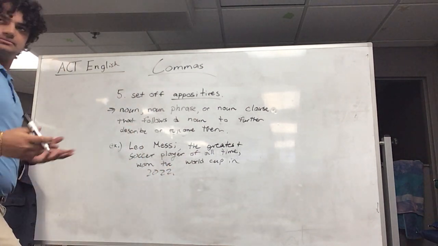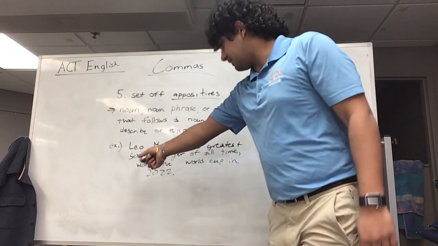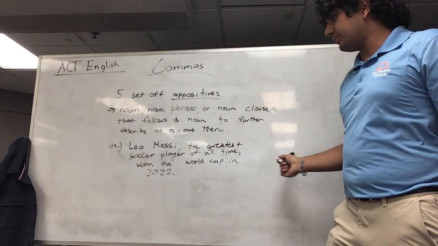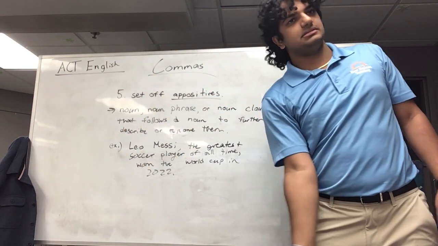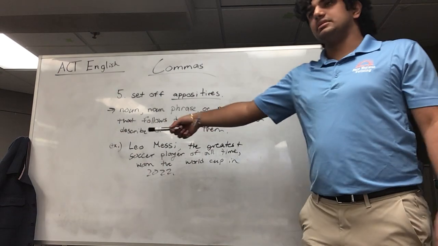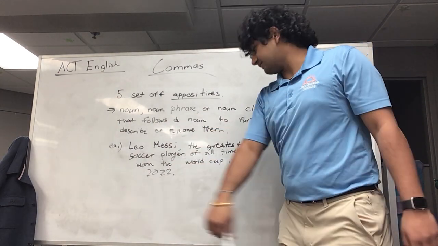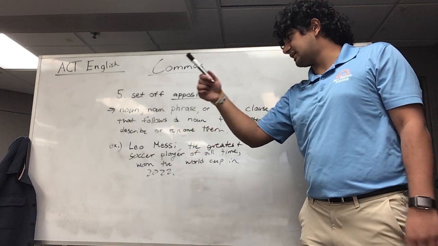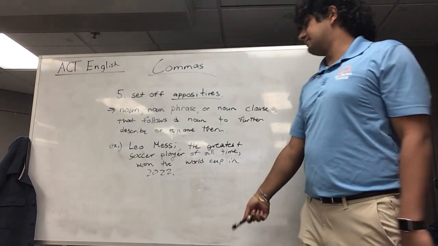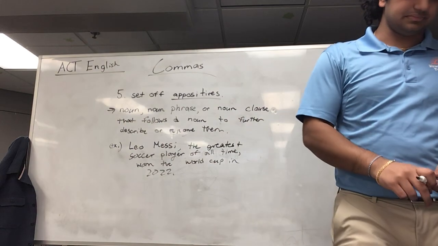Does that make sense? Kind of how we got there. So we started with a noun, and then we followed it with the noun phrase that further explained. So we said Lionel Messi, the noun. And then we used, as an appositive, the greatest soccer player of all time, and we put commas on either side of that. Won the World Cup in 2022.